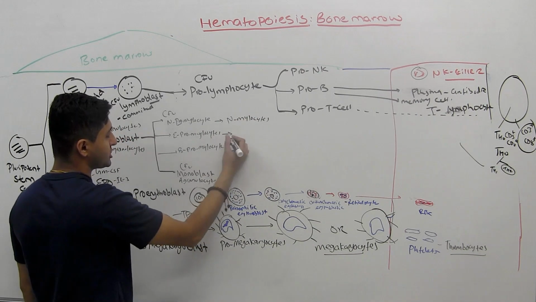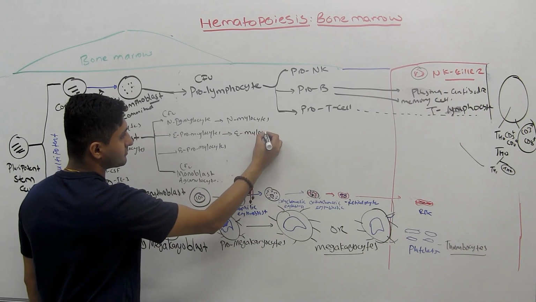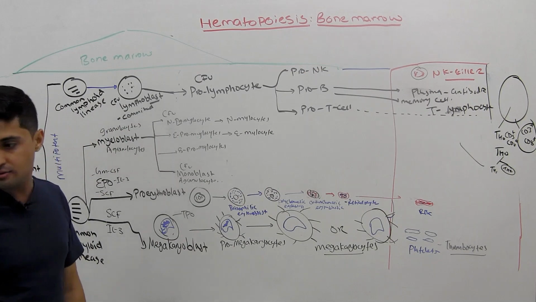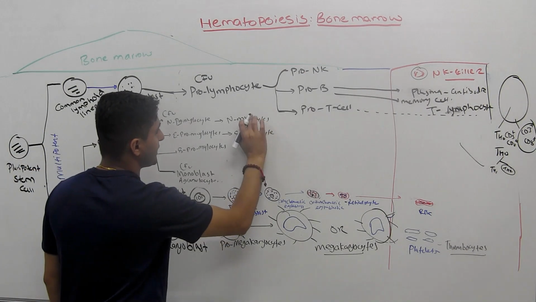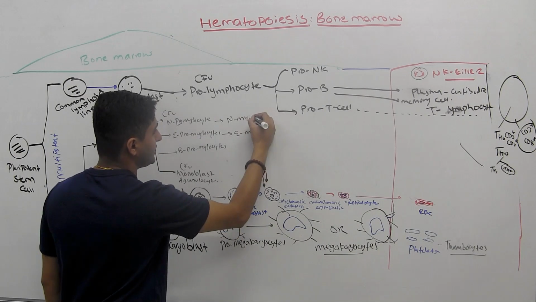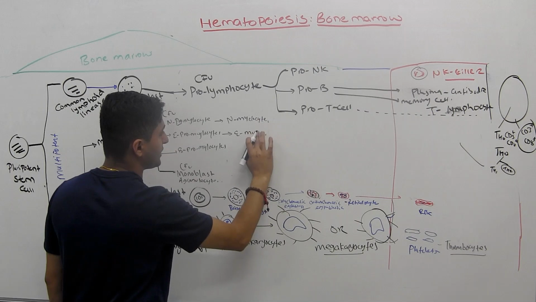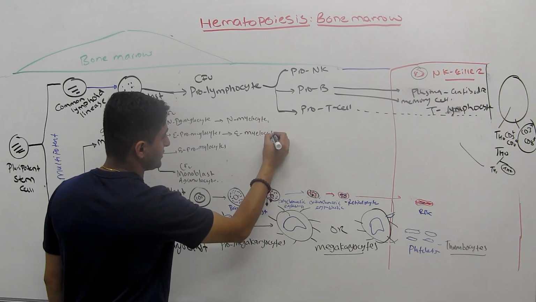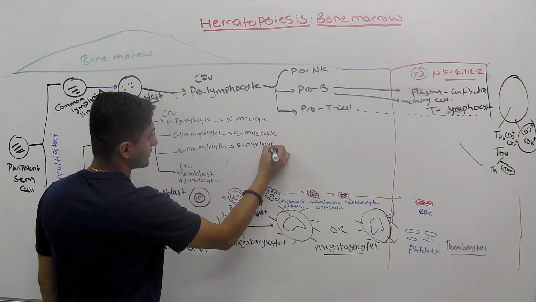And this will get differentiated into E myelocyte, and this is going to be a B myelocyte, okay?